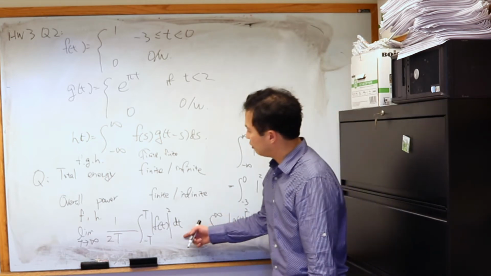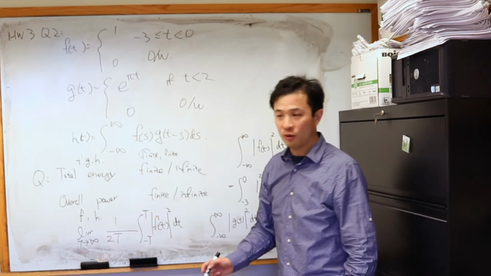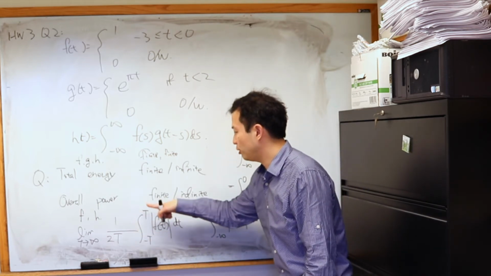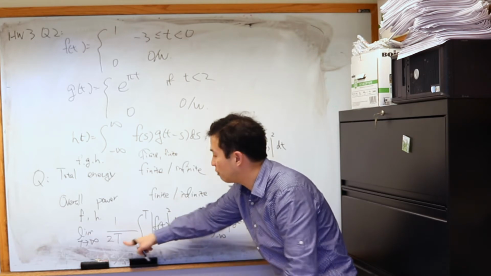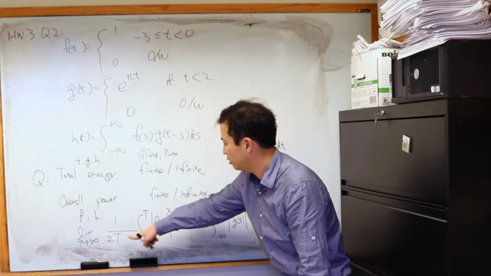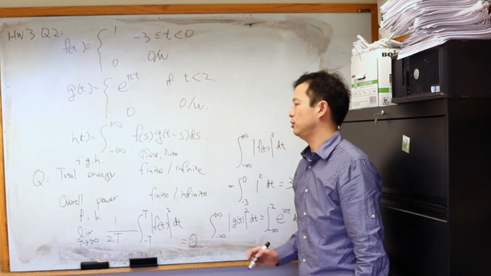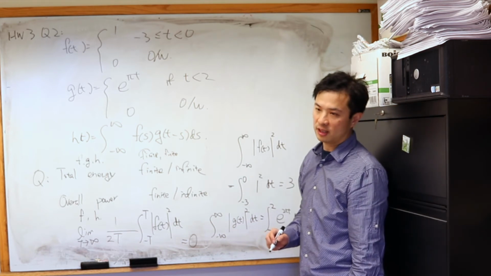And in this particular case, because the total energy is finite, overall power is always going to be 0, because it's going to be a finite number divided by infinity. The example we covered in the lecture, finite number divided by infinity, the final answer is going to be 0. So the overall power is 0, and we say it's a finite power signal.